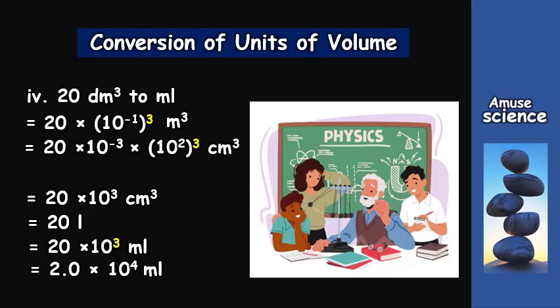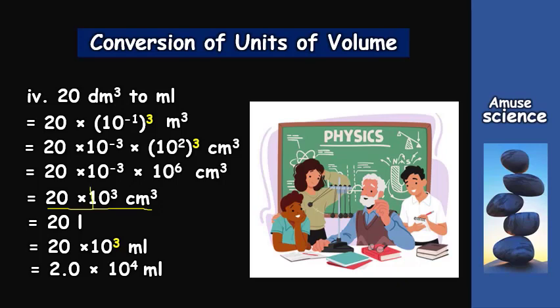Applying indices, we are going to get 20 times 10 exponent minus 3 times 10 exponent 6 cubic centimeters. Applying indices again, we are going to get 20 times 10 exponent positive 3. This is in cubic centimeters. Let's convert it to liters, and it becomes very simple because we know that 10 exponent 3 centimeter cube is the same as the liter.